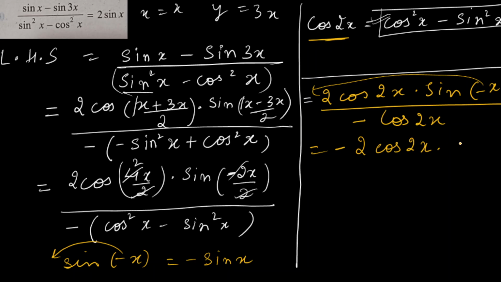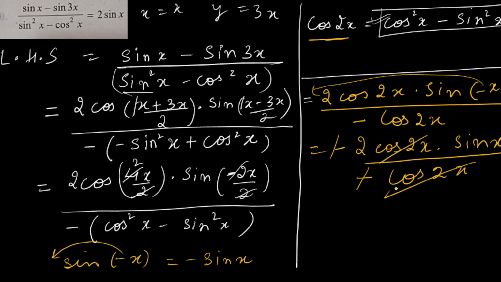So 2 cos 2x into sin x, because the minus sign I have taken out. Here I am left with minus cos 2x. The minus and minus signs will get cancelled, and cos 2x and cos 2x will get cancelled. So I am left with 2 sin x, and you can see it is the expression which we have to prove. This is equal to the right hand side also.